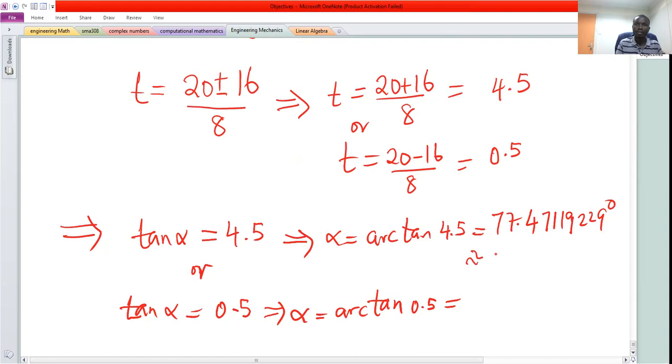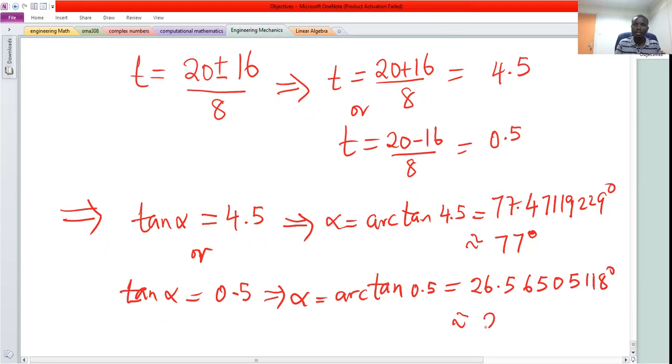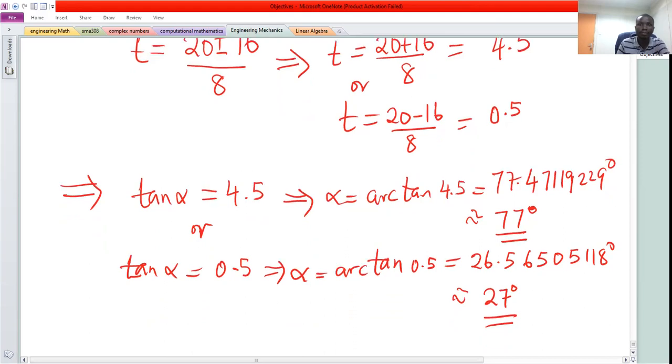So roughly 77 degrees because it was to nearest degrees. And then the other one would be tan inverse of 0.5, which is 26.56505118 degrees. So this one is 27 degrees because they wanted us to express our answer to nearest degrees. So those are the two values of alpha required in that problem.